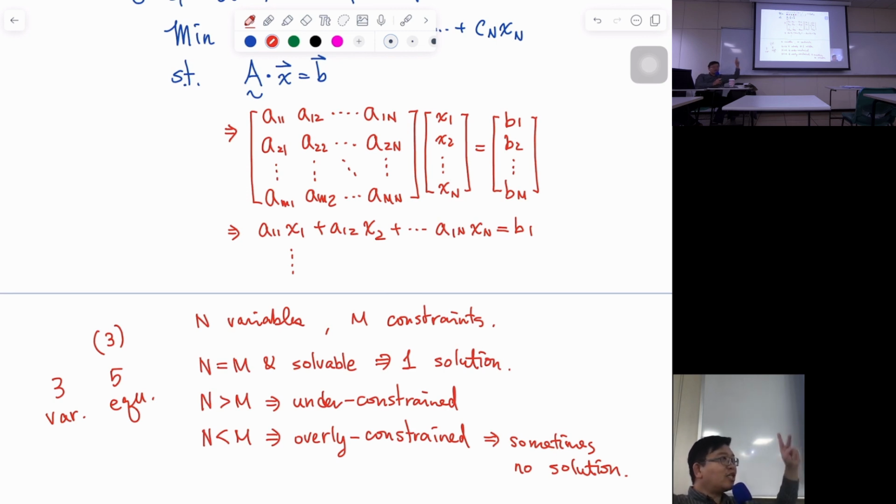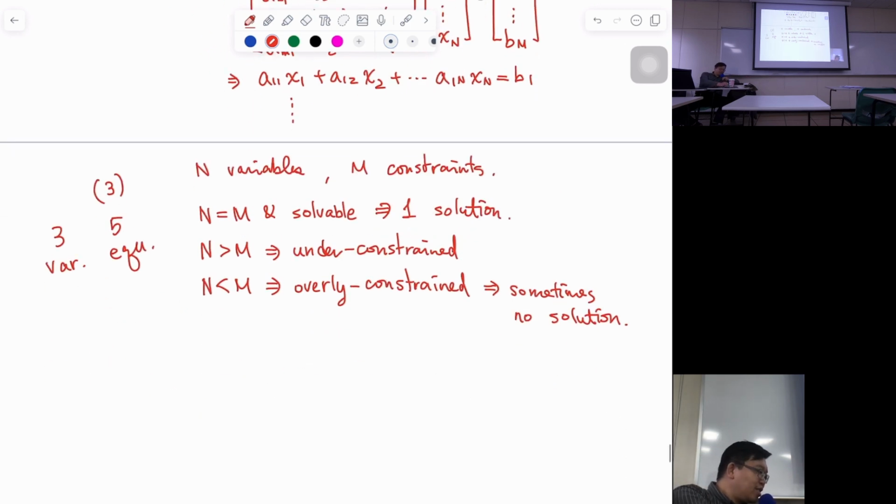But the other 2 extra equations don't satisfy the solution you found earlier. So those 5 cannot reach an agreement on one solution. In that case, no solution, right?